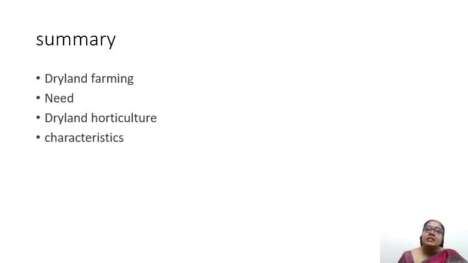Some of these trees have roots which go deep down, so they are able to absorb water from there and basically sustain for a long time. We also have various methods where we cover the soil with dry leaves, so that the soil retains its moisture. All this would help farmers a lot when they make use of the right techniques to produce a lot of fruits in these dryland areas.